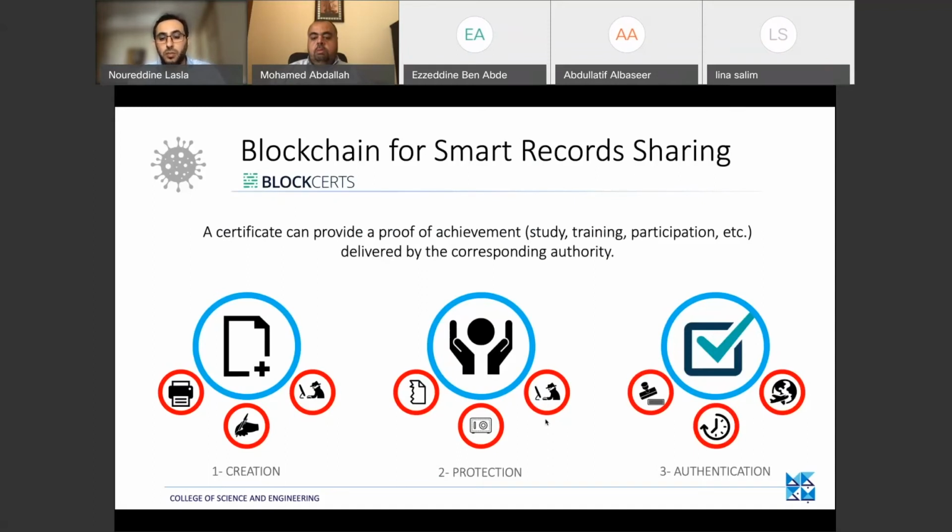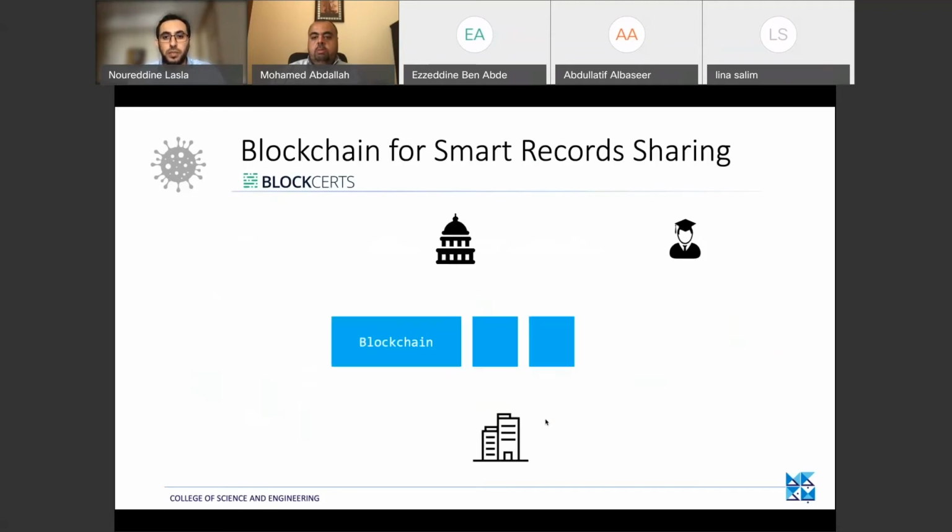So the idea of BlockCert is to remove all these burdensome steps by using blockchain technology, which enables the exchange or sharing of digital certificates between different users. Let's take the example of a university. A fresh student who has recently graduated can ask his university for a digital certificate.